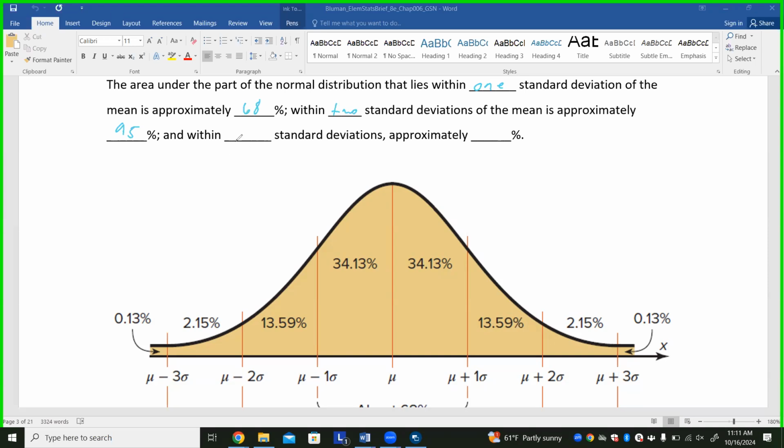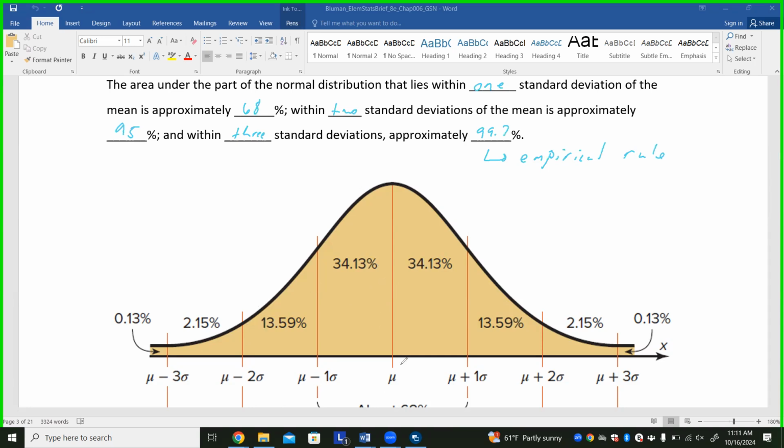And then within 3 standard deviations away, it's going to be approximately 99.7%. And this is your empirical rule. So again, things that should happen, but doesn't mean it's going to happen that way. Not everything is a perfect normal distribution.